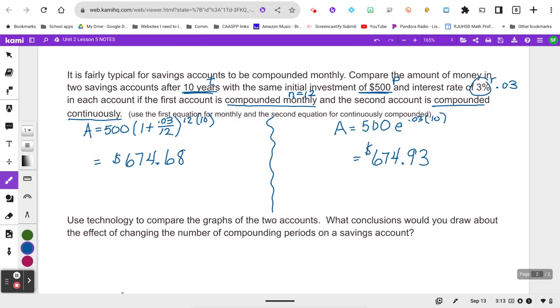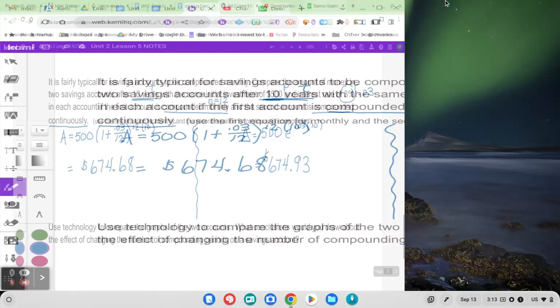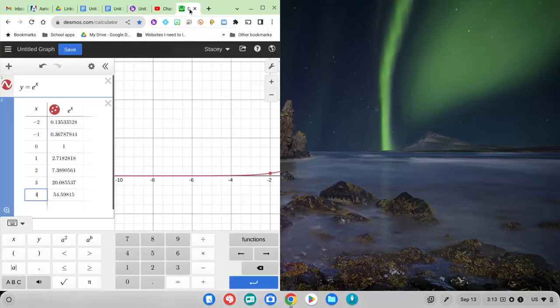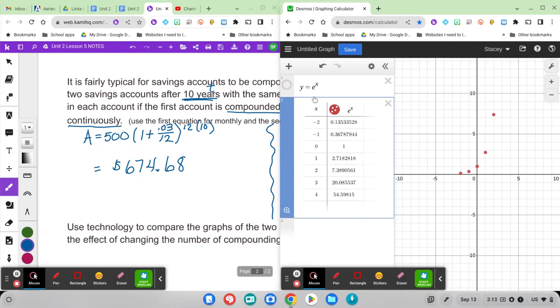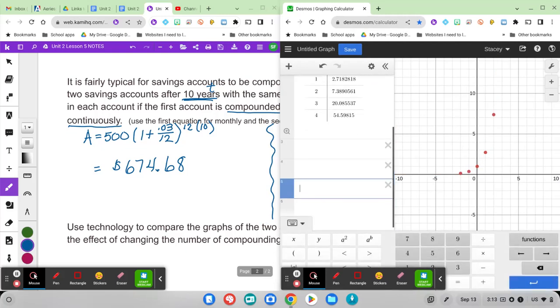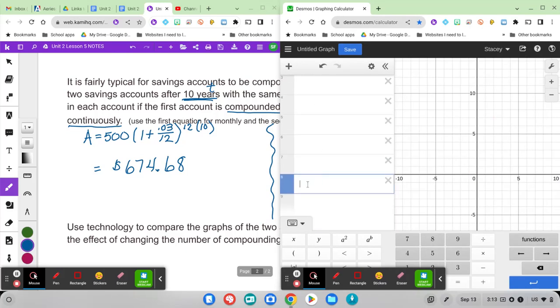So pretty interesting if you did it this way. Okay, so we're going to use technology and compare the two graphs. So what we're going to do is our first problem.